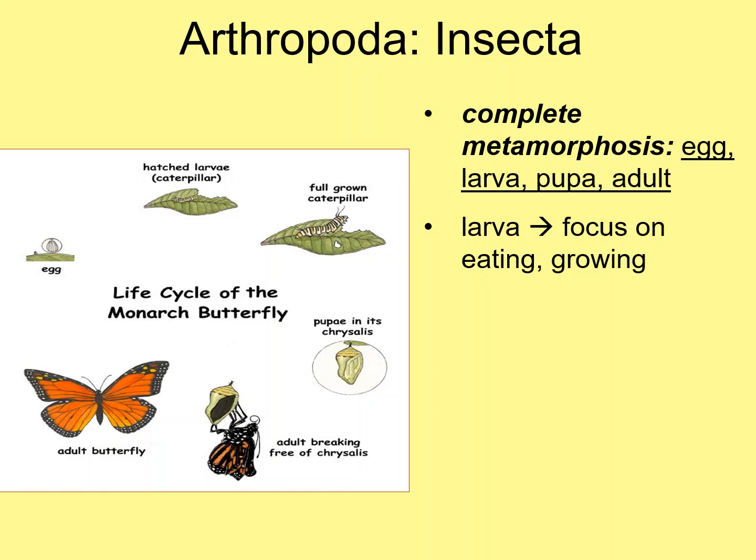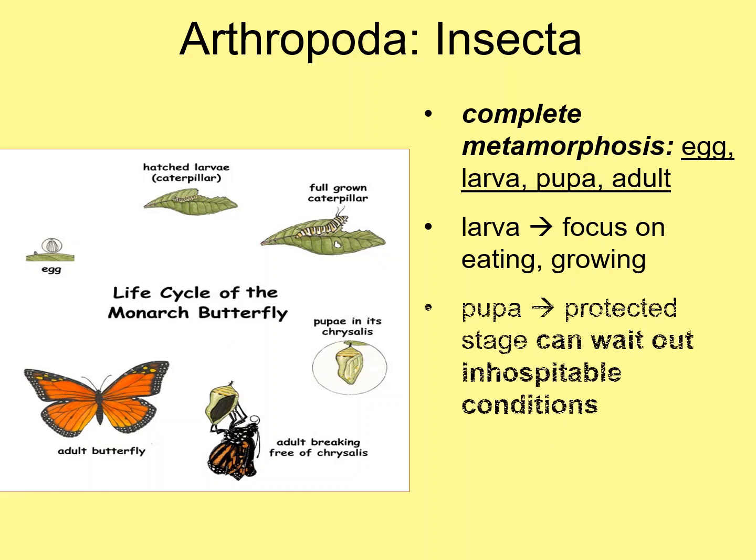So the larva's job is going through those instar stages, getting bigger and bigger and bigger, and at some point it's ready to transform itself into the adult stage, the last stage, and so it goes through what's called the pupal stage. And the nice thing about the pupal stage is, depending on the conditions, a lot of insects overwinter in the pupal stage because they're essentially in what's called diapause.